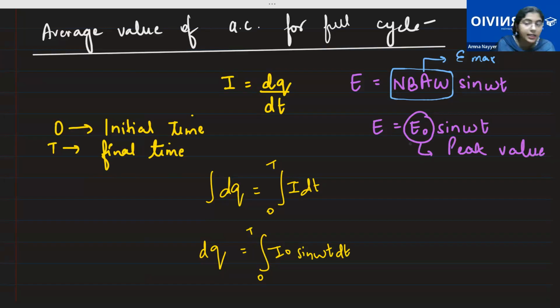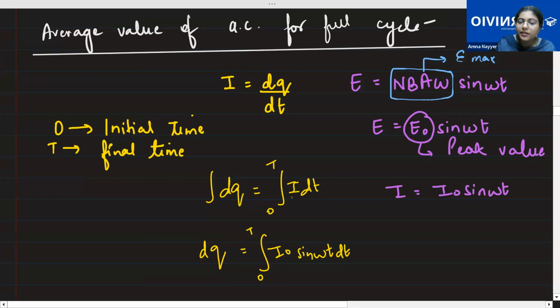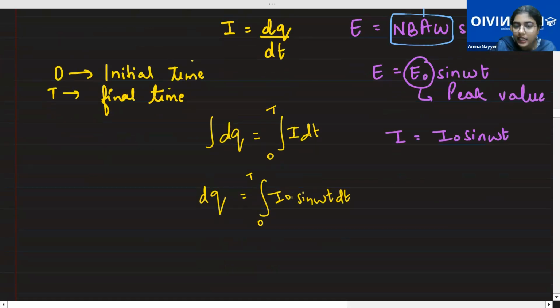Sorry, EMF, not current. Similarly, current is equal to I naught sine omega t, where I naught is a peak value. Peak means the maximum value that it can possess in this AC circuit. So I has been written as I naught sine omega t dt.